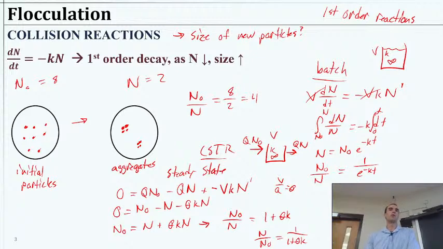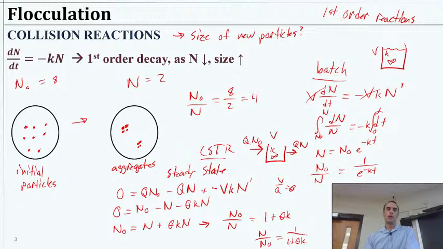So normally we're interested in seeing what amount remains, like how many particles are remaining, right? Or how many bacteria are remaining. In this case, we don't care as much about the number remaining or the fraction remaining. We're reducing the number so that we know something about how big the final product is going to be, the aggregates. So we're just going to arrange it based on what we need, right?